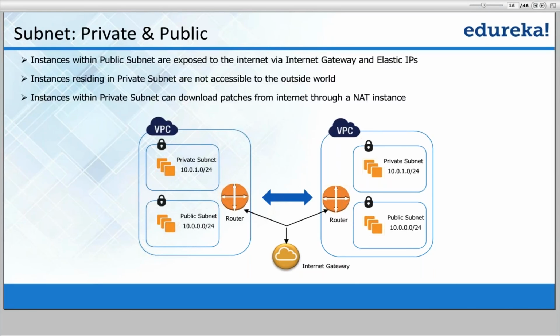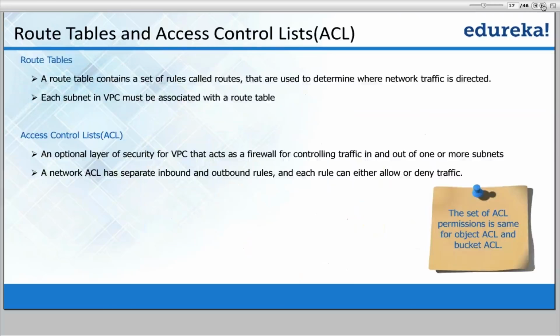All right. Now the internet gateway is the component which converts a subnet into a public subnet. So if you find an internet gateway in the route table of a subnet, that would mean that that subnet is a public subnet. It's very simple. If there's an internet gateway, it's a public subnet. If not, it's a private subnet. All right, a route table.